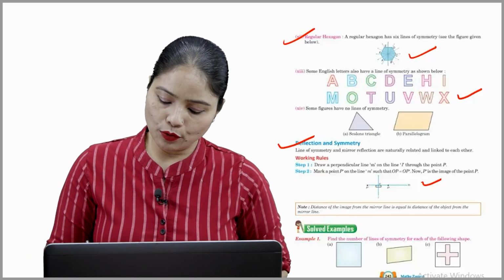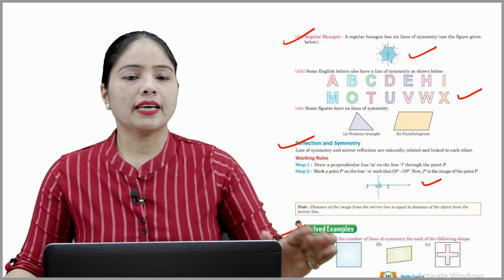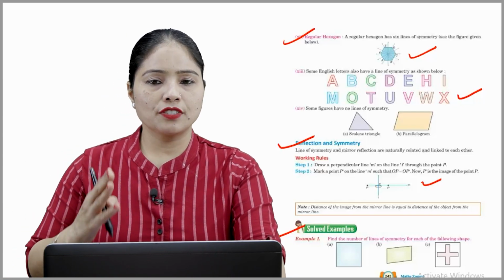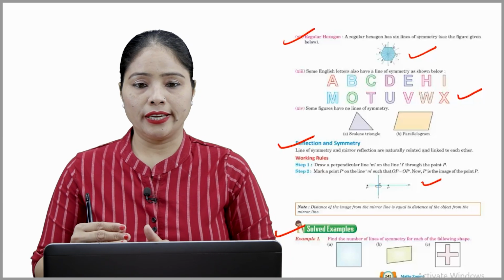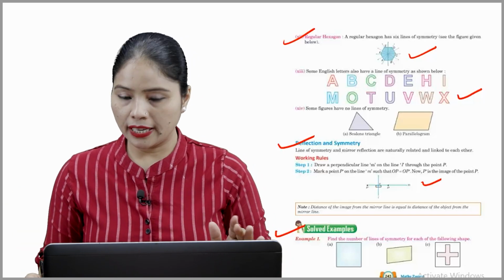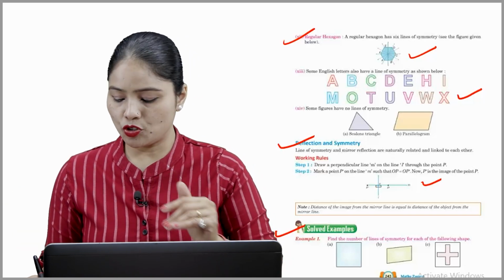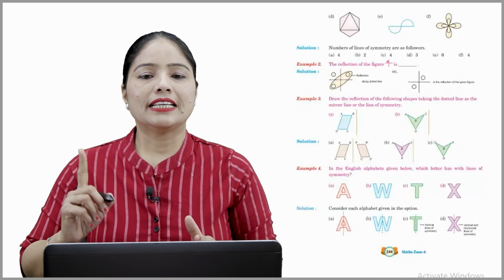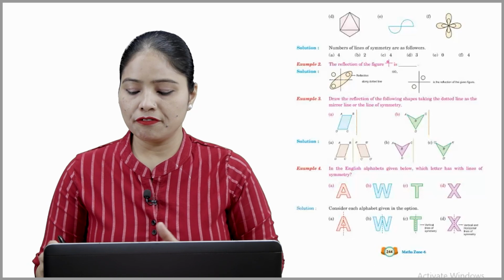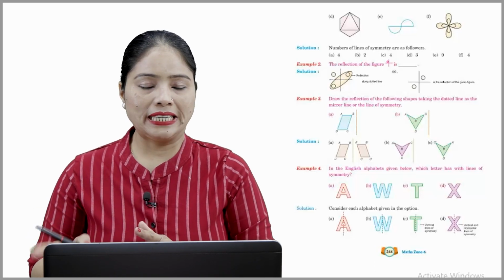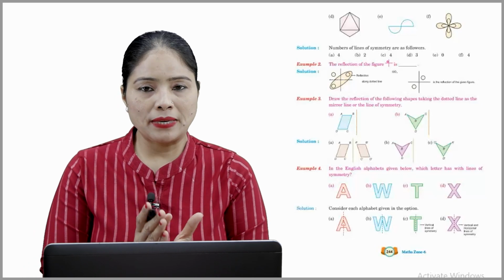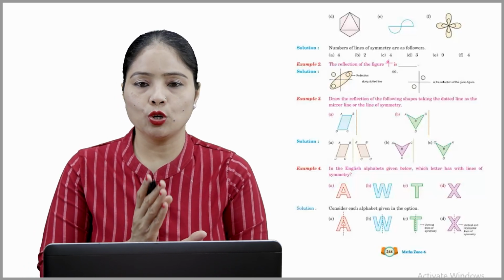Okay, now move on, solved example. Example number 1, find the number of lines of symmetry for each of the following. Okay, so these shapes are given and we have to find their lines of symmetry. So solutions, the number of lines of symmetry are, first one is 4, then the second for B, and C is 4. You just see the pictures and do it yourselves.